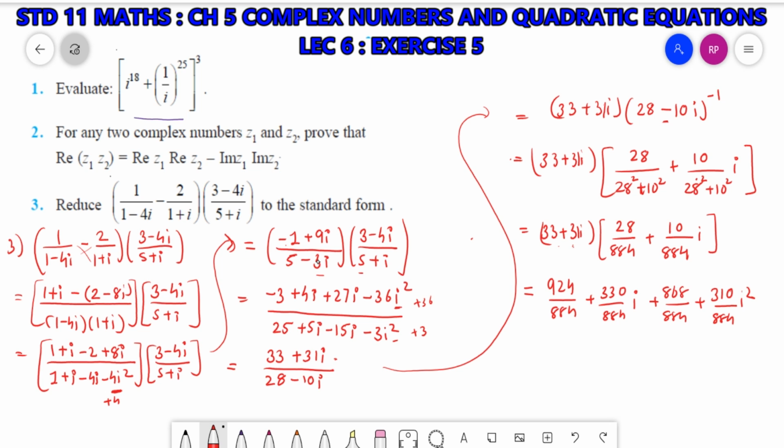Here 31i into i, so this is i square, so this is minus, so it will be minus 310 upon 884, right?